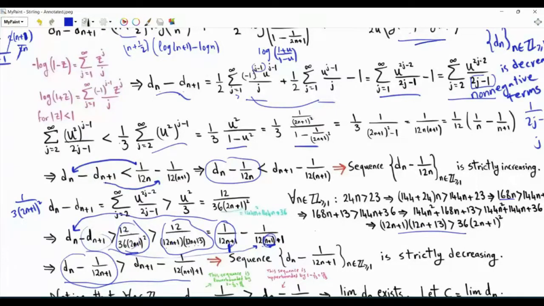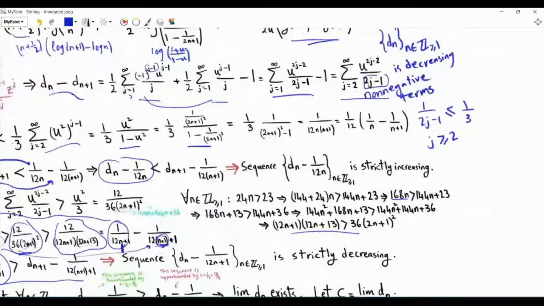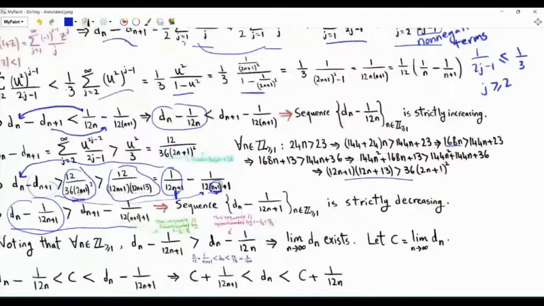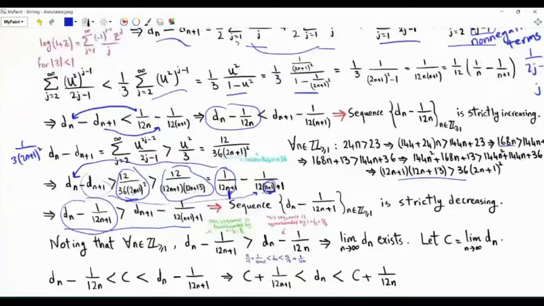So now we have two conclusions from investigating this sequence d of n. The sequence dn minus 1 over 12n is a strictly increasing sequence, and dn minus 1 over (12n plus 1) is a strictly decreasing sequence. Of course, 1 over (12n plus 1) alone is less than 1 over 12n, because we have a larger number in the denominator, and with a minus sign, this will be greater.